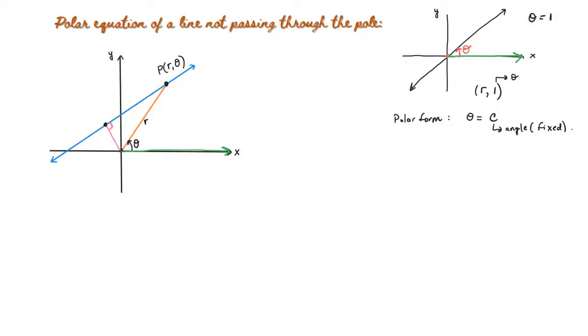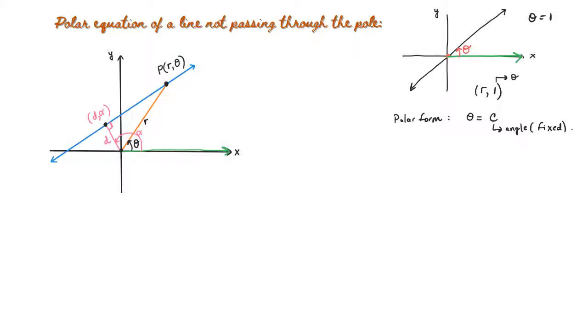We are going to denote this length over here by, let's say, D, and the angle that is formed by that perpendicular segment, we're going to call it alpha. Why not? So then in polar coordinates, the coordinates of this point are going to be D for the length, alpha for the angle.